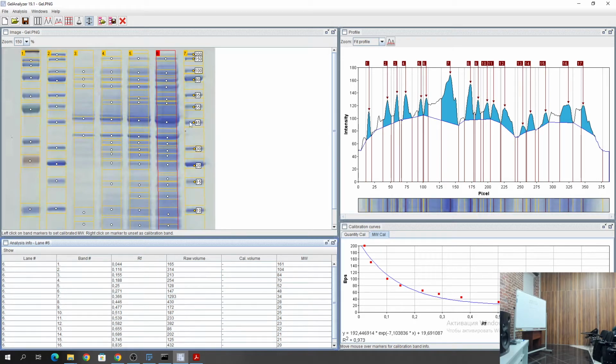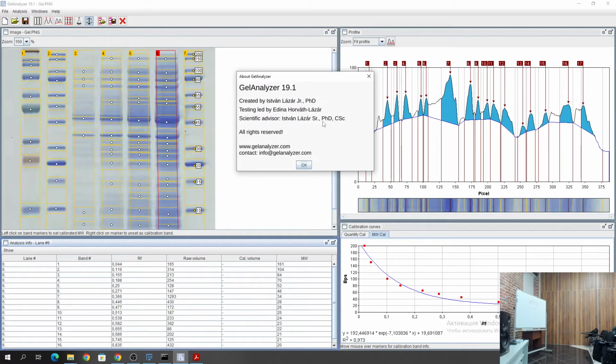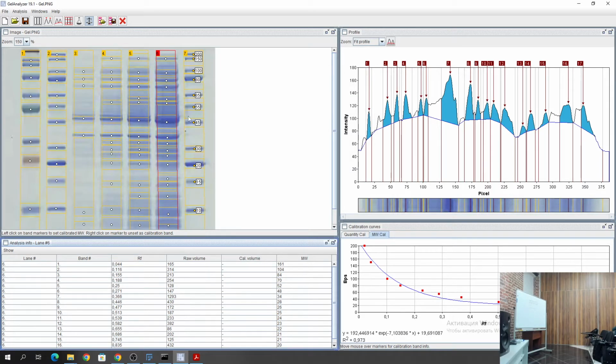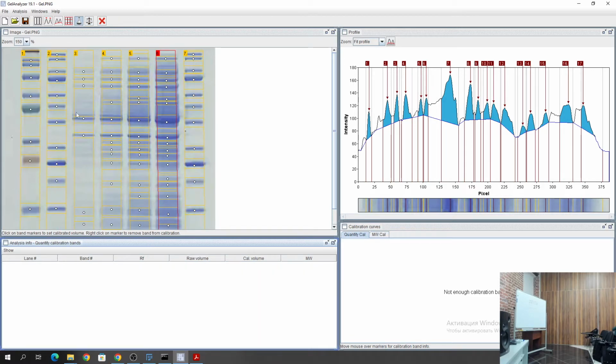The program is freely available. Just go to the Gel Analyzer website, you can play with it, it's free. Also, you could export those data into any spreadsheet, and you can calibrate even for the quantity of protein.